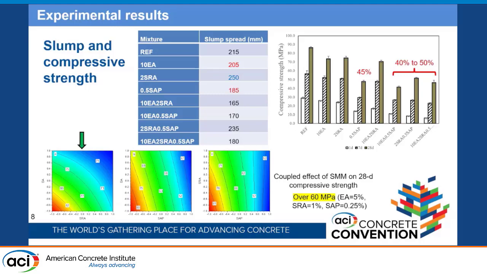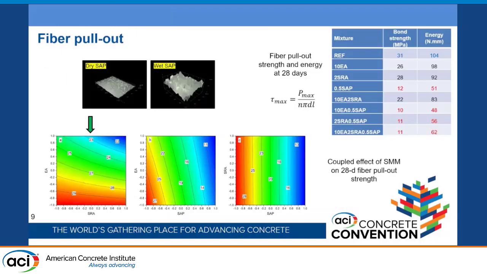Derived contour graphs from the statistical models are shown at the bottom. You see the best result was observed with the combination of expansive agent and shrinkage reducing admixture. However, I found that if we limit the coded value to the middle value, 0, we will get over 60 megapascal compressive strength after 28 days.